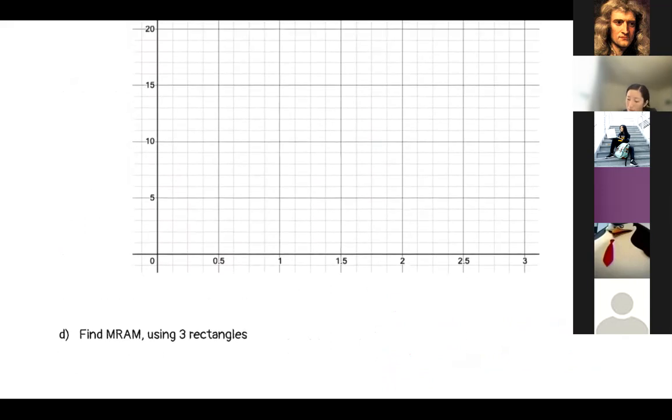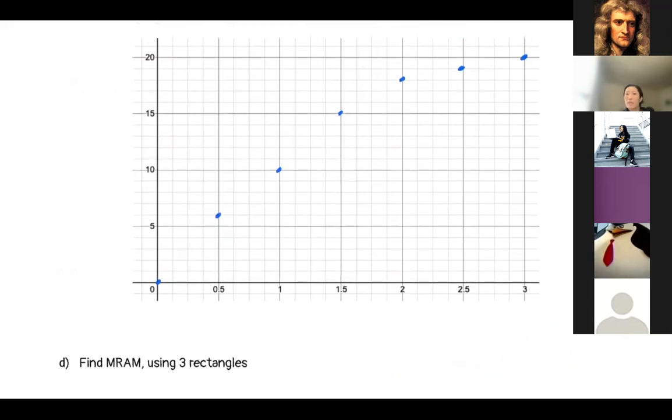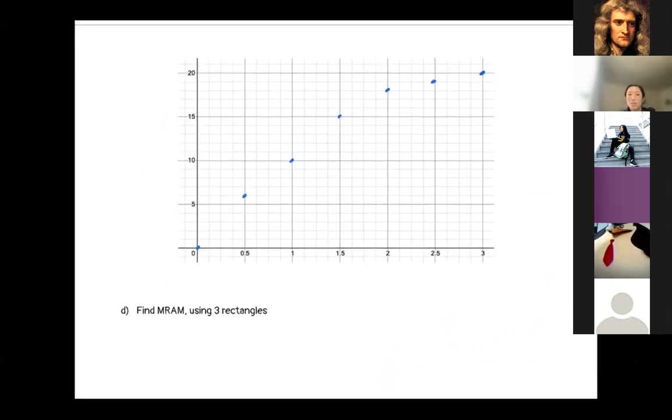Okay. But I'm going to grab the values real quick from my table above. So 0 and 6 and 10 and 15, 18, 19, and 20. All right. And now we're going to look at what it might be to find the MRAM.